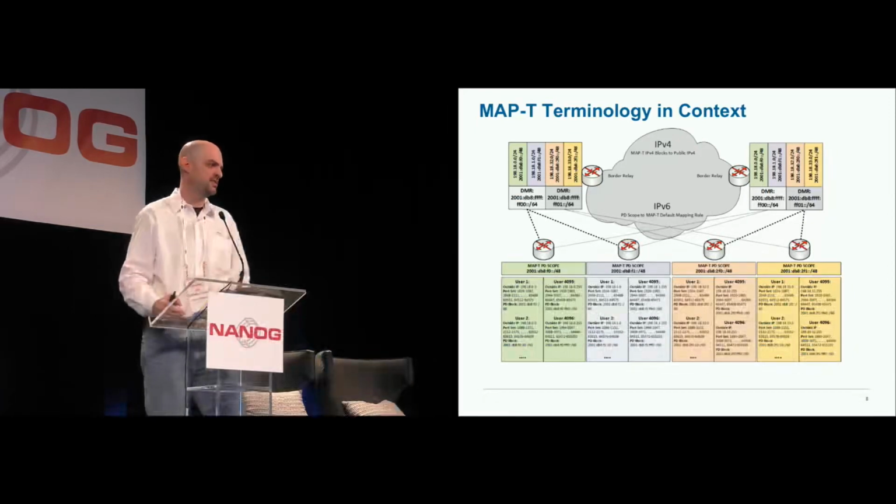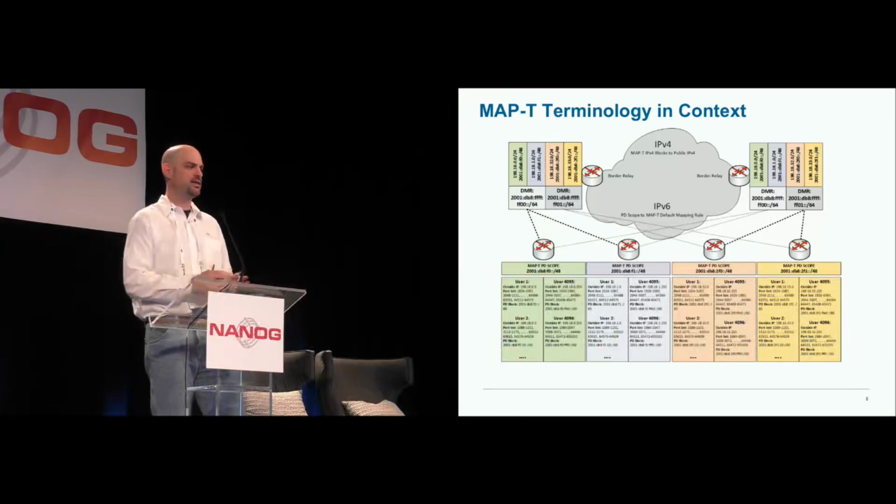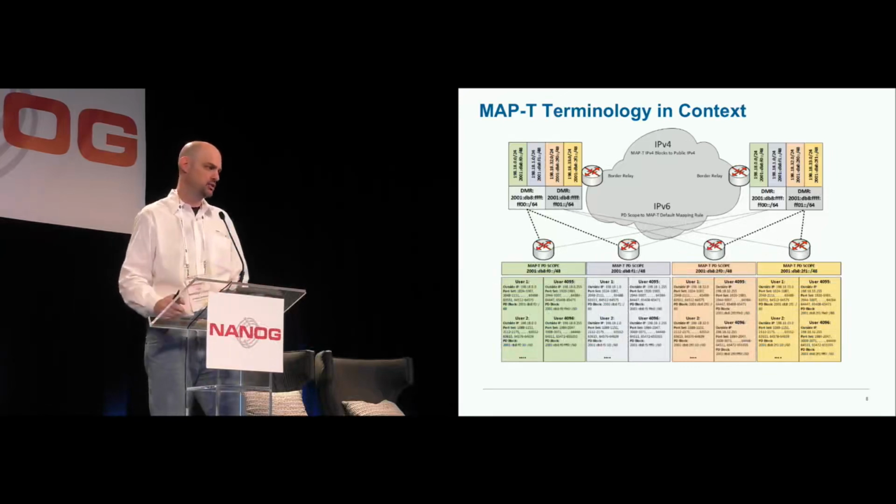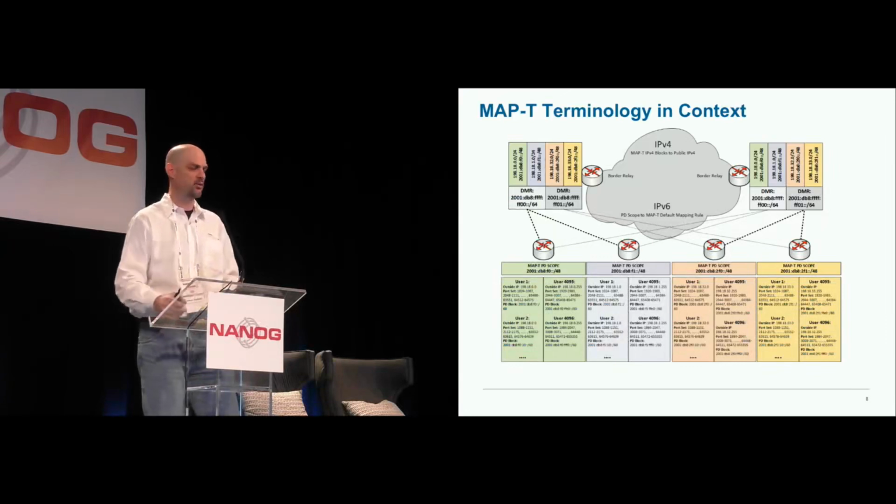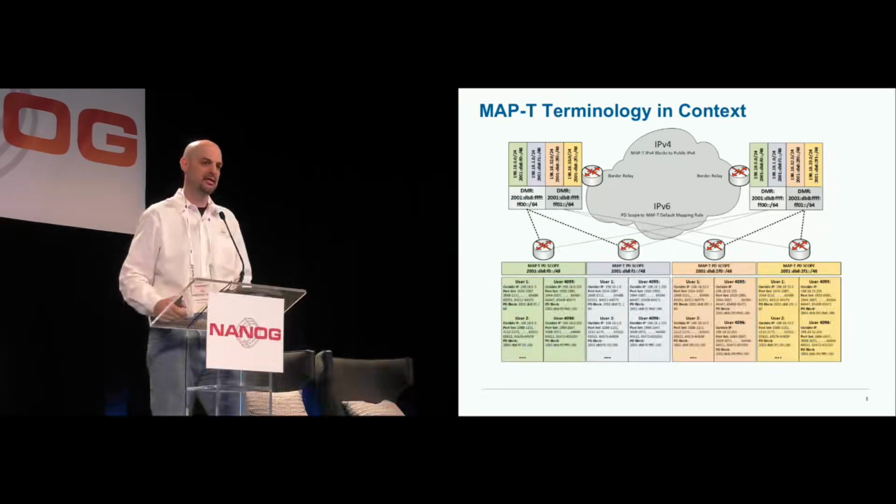They have the exact same configuration. If you look at the way that we've color-coded this diagram, you can see how the individual CPEs relate to the domains, the default mapping rules, and the mapping rules themselves.